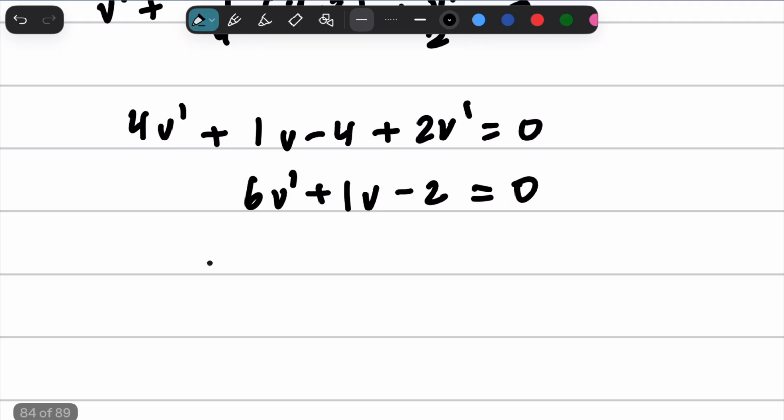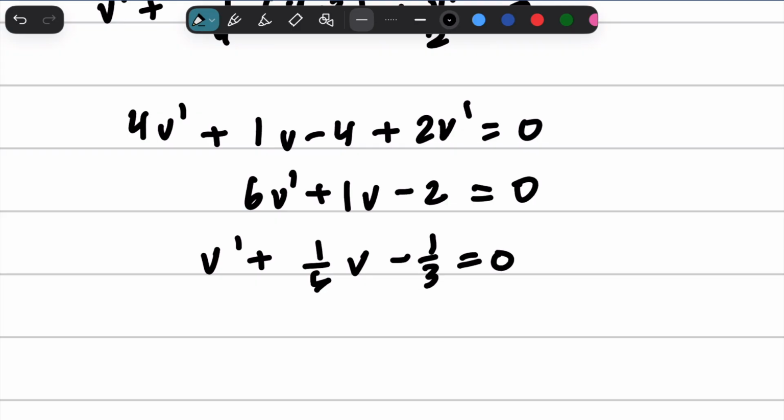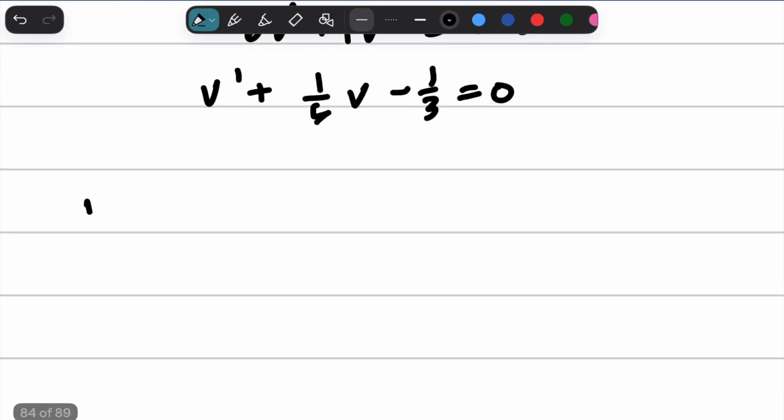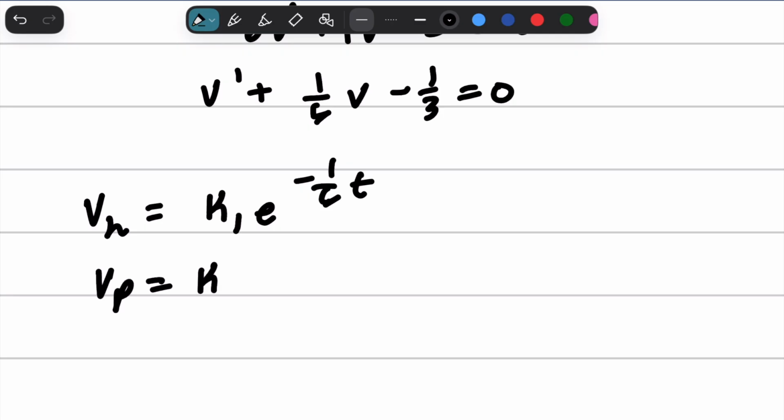Divide both sides by 6. Minus 1/3 is like that. And so we're going to get our V homogeneous as being K1 e to the negative 1/6t, and V particular is equal to K2.